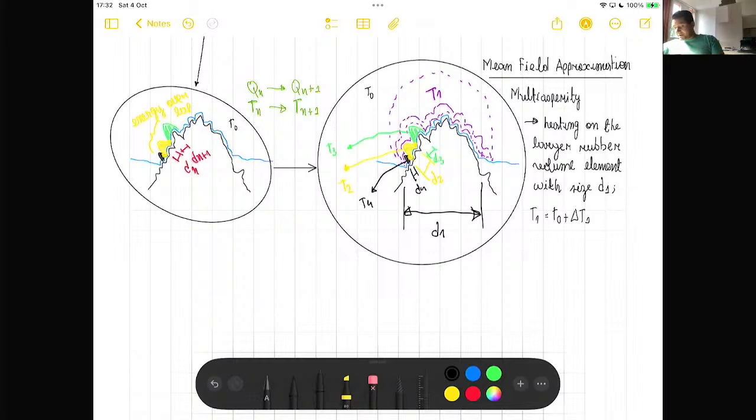Then the flash temperature in a small asperity subsequently will be T2, and T2 equals T1 plus delta T2. Okay. For surfaces with roughness on many length scales, the temperature will increase as we go to smaller and smaller asperity contact regions.